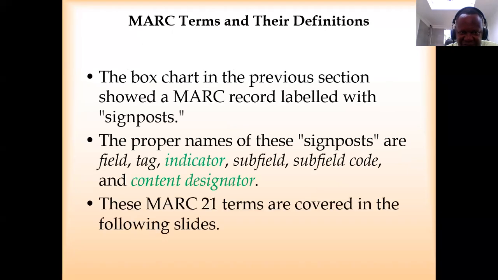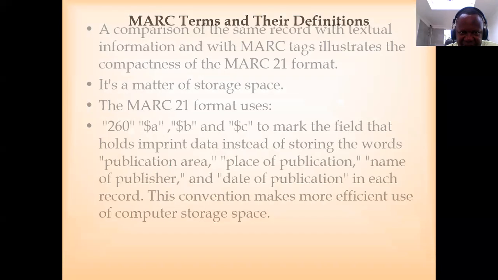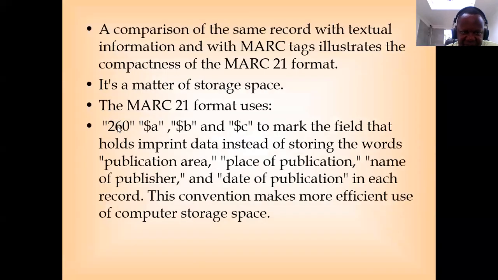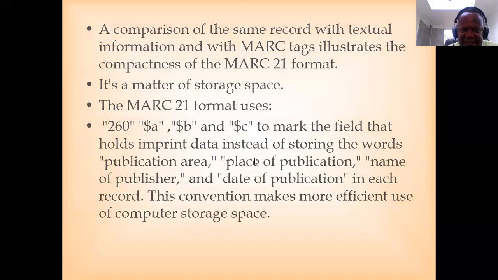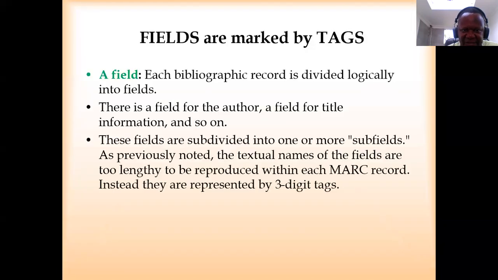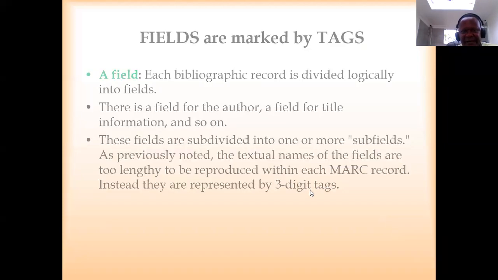So instead of saying publication distribution area, we just write 260. Instead of writing place of publication, the moment you see the dollar sign and A, you will know that is the place of publication. Then this is name of publisher, and this is year. The other wordings are lengthy, and in the MARC 21 format, we use 3-digit tags to represent those.